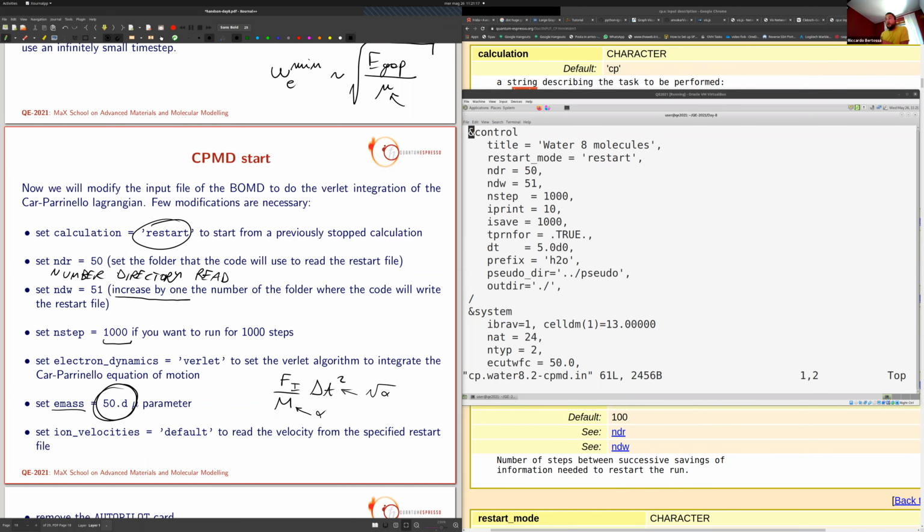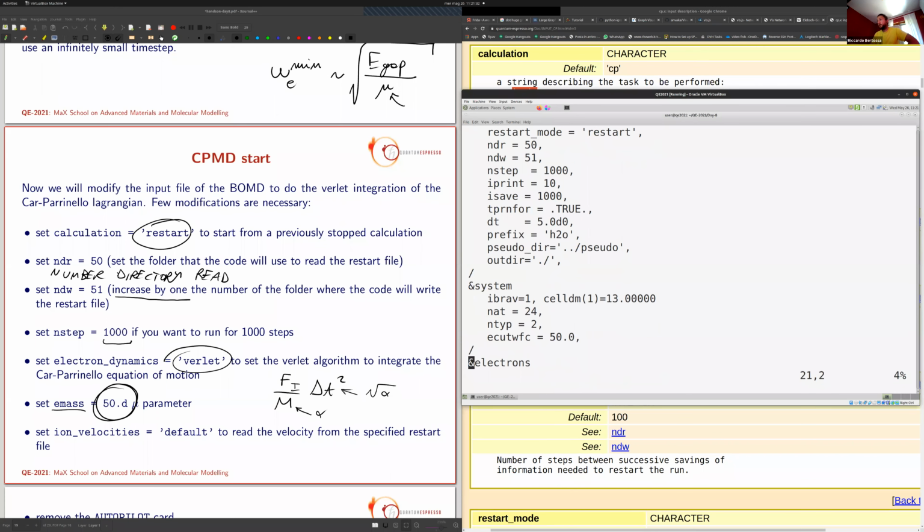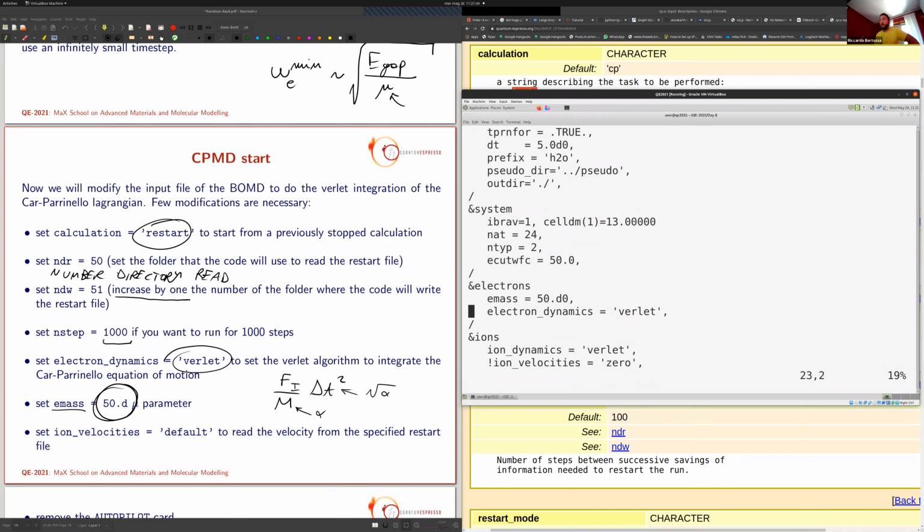Then this is very important. This switches on the Car-Parrinello equations of motion. So if you tell the code electron dynamics equal to Verlet, that is here in the electrons namelist, we are using the equations of motion of Car-Parrinello.